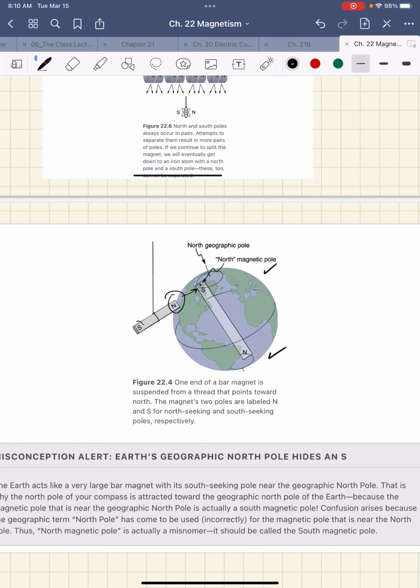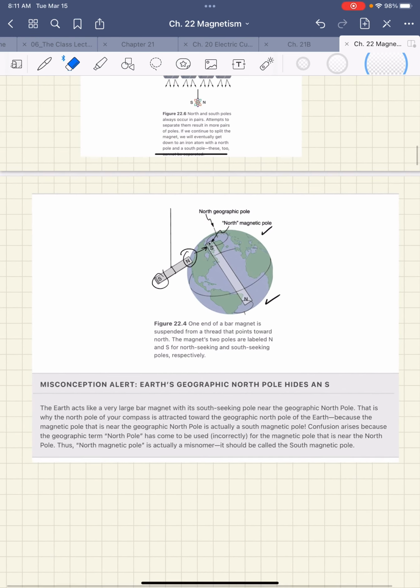And like that, the south is going to be attracted to the north, and this is the reason why we are calling it the south seeking pole. If you have a bunch of magnets, all of them are going to be oriented in the same direction.